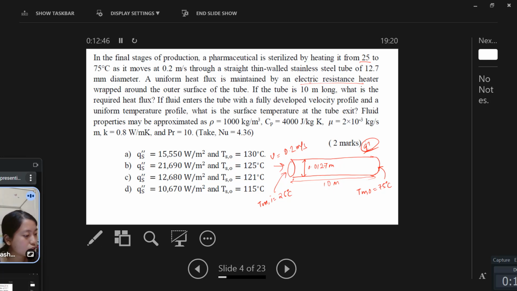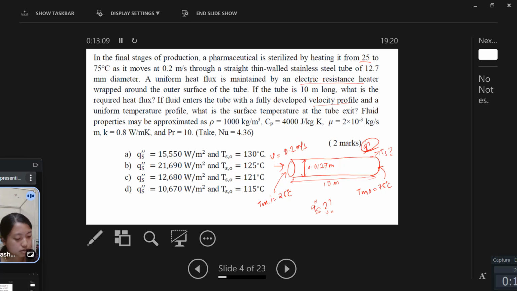If the fluid enters the tube with a fully developed velocity profile and a uniform temperature profile, what is the surface temperature at the tube exit? That means here what is Ts, the surface temperature of the tube. Now first question they have asked, what is the heat flux?